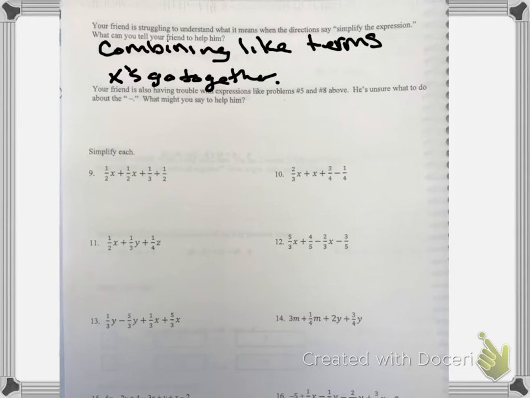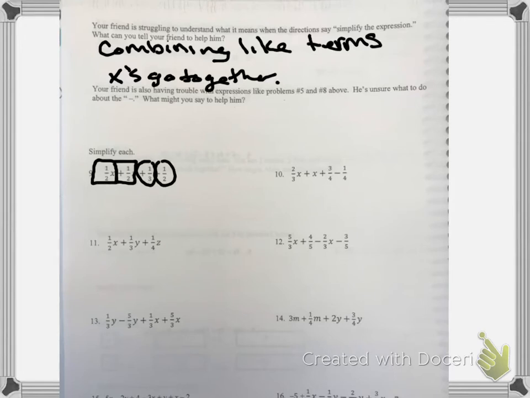So now we're going to do some examples with fractions. So we're going to do number 9. Once again, just to keep it the same, I'm going to use the square for the x's, and then I have a circle, and these ones are just numbers, but that's fine. So I'm going to use the same principle.